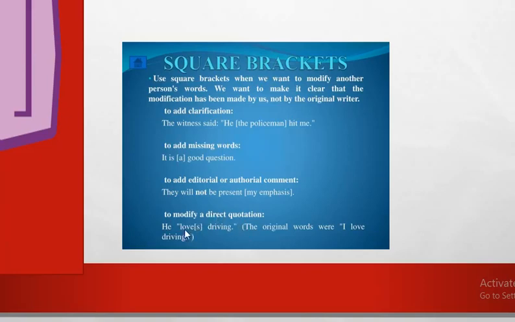Here modification is used. Originally it was written love, and after modification, he loves driving. The original words were I love driving.